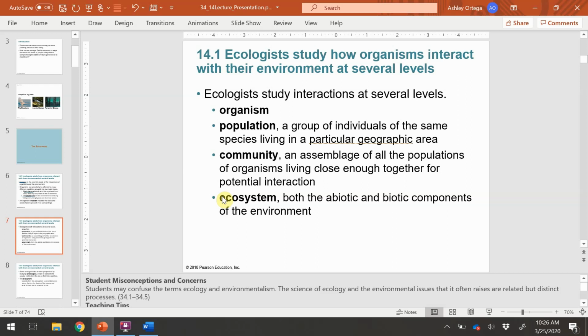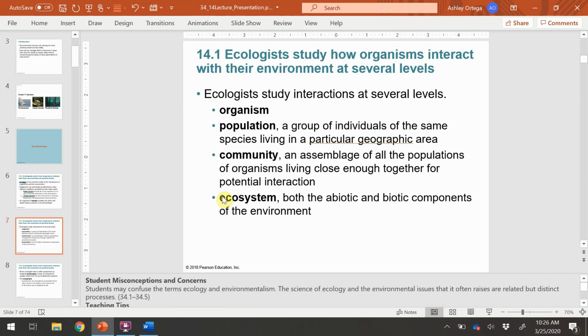Then moving upward or getting larger would be population, which would be a group of individuals of the same species living in a particular geographical area. Notice it is just about the same definition as population definition itself that we saw in earlier chapters. But now when you're applying it to ecology, you're looking to see how this population interacts with the environment.